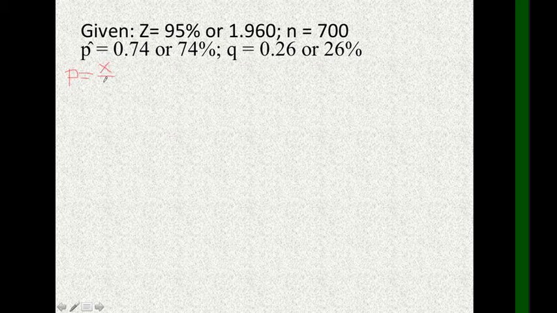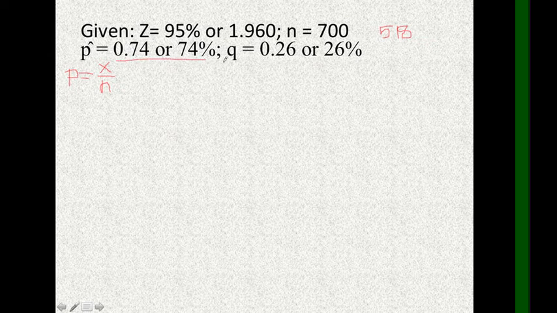Okay, so x is the favorable response and n is the total number of population. The favorable response is 518, right? That is the x. There were 518 who said they are satisfied with their job. So 518 divide to 700. Try it on your calculator and you will get 0.74 or 74%.